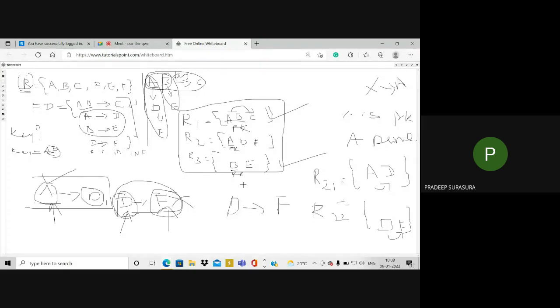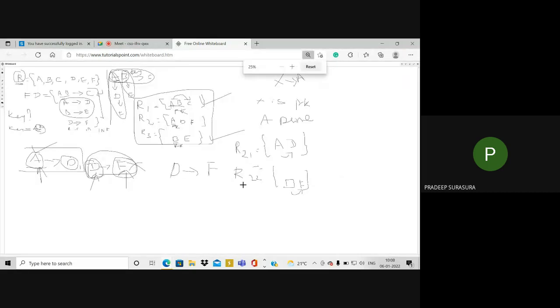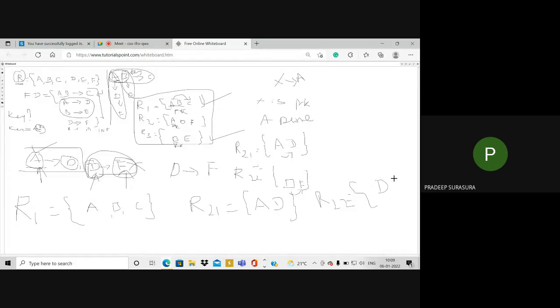After normalizing R, we have the tables: R1 equals A, B, C; R21 has A and D; R22 has D and F. Everybody understanding?